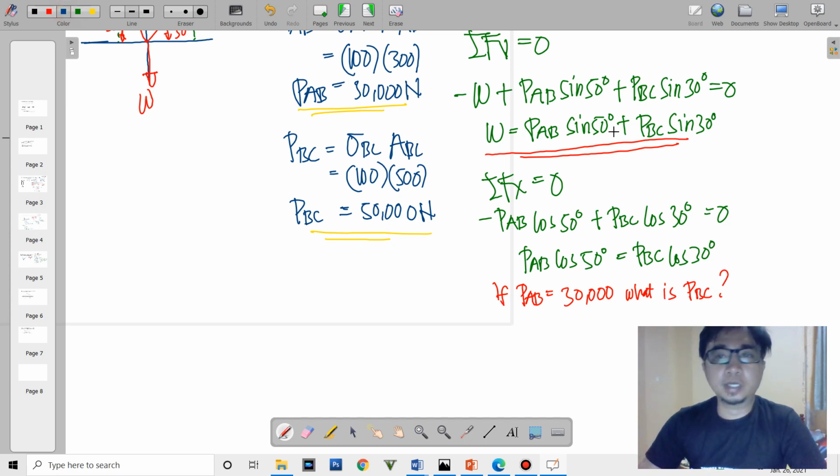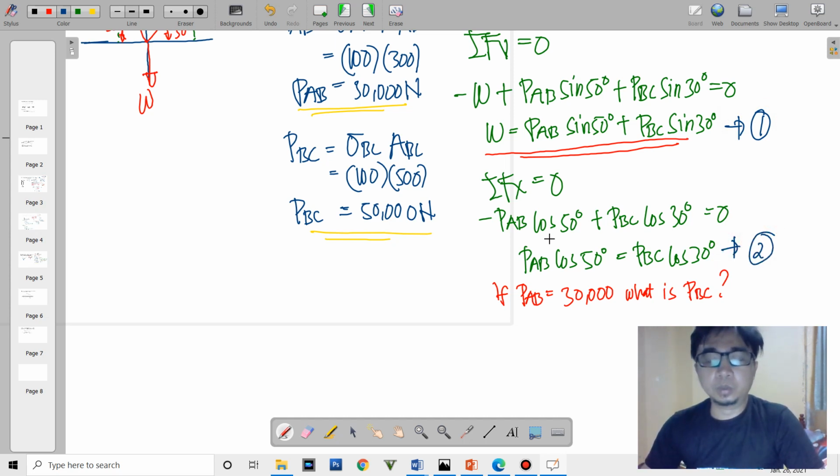We are going to tag our equations, so this is equation 1 and this is equation 2. From equation 2, we investigate: PAB is 30,000, what is PBC? So the question is, if PAB is 30,000, will PBC exceed 50,000?